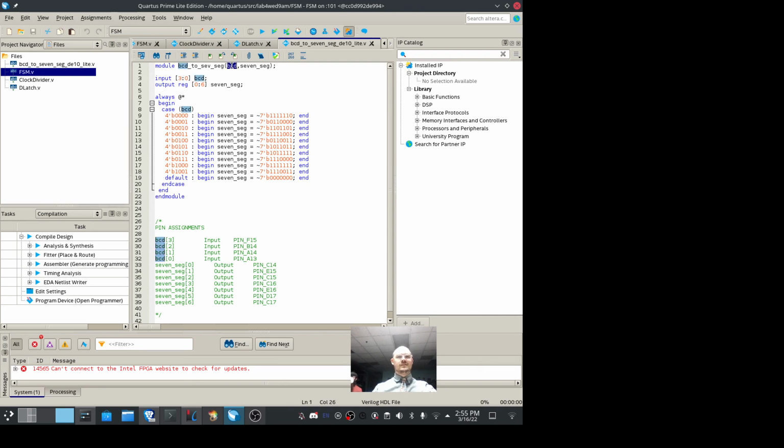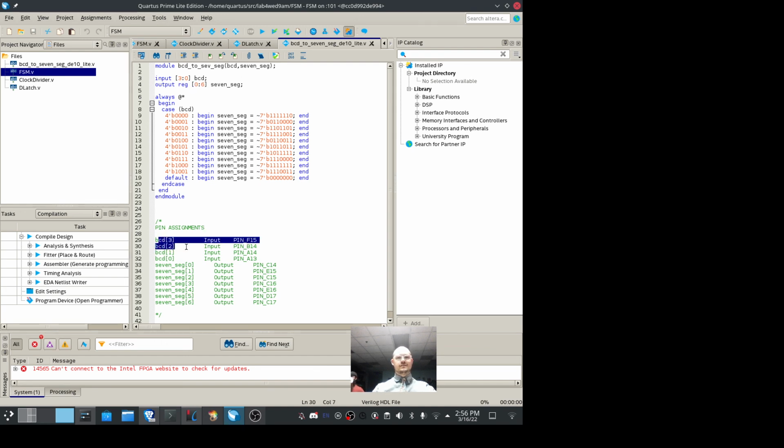So BCD is going to be some number 0 to 16, and 7seg is going to be a 7-bit value, and you're going to have to put each one of those segments or bits onto the correct pin.